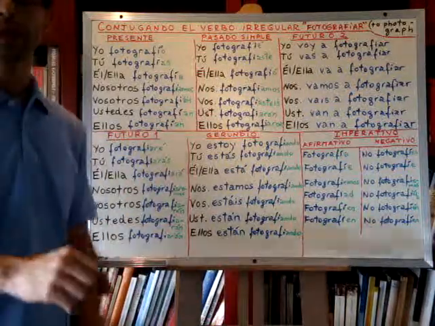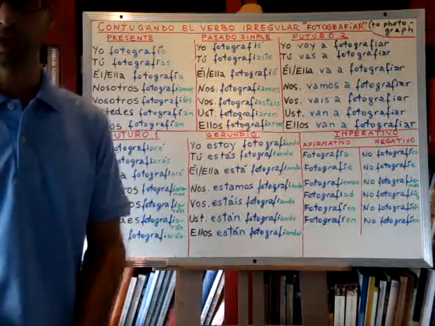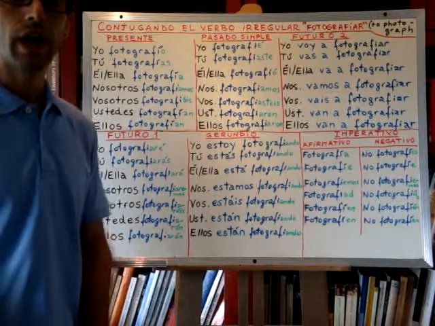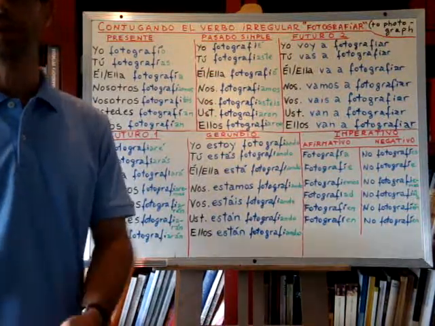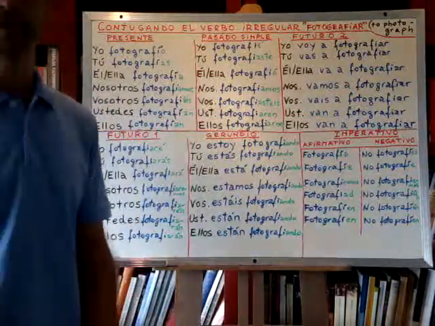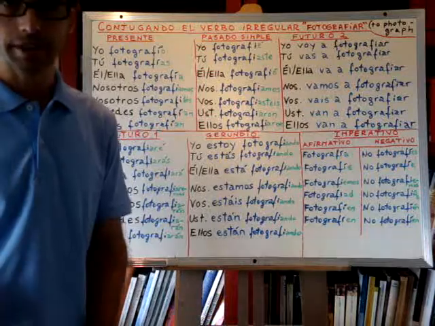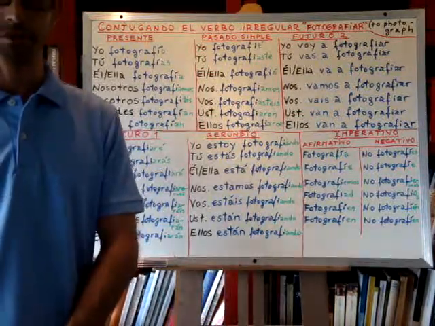Remember we use the preposition a, which means to, okay? I will take a picture of, or in Spanish we use a, of my father, okay? Yo fotografiaré a mi padre, my father.